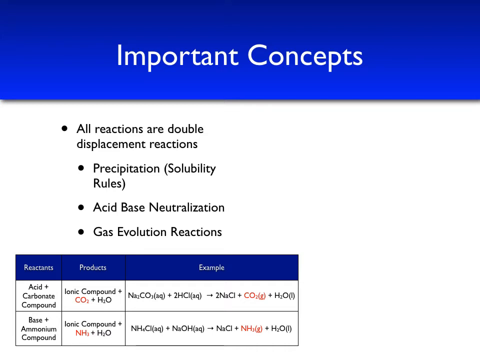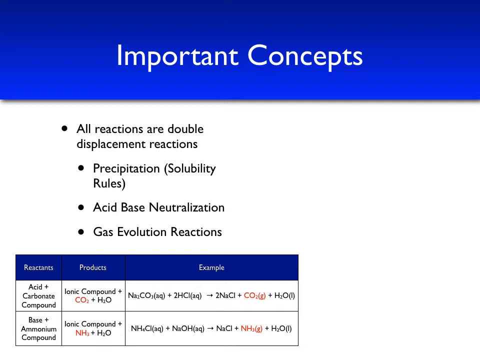When reacting an acid with a carbonate compound, you end up forming another ionic compound, carbon dioxide gas, and water. The example shown is a reaction between sodium carbonate and hydrochloric acid, which forms sodium chloride, carbon dioxide gas, and water.